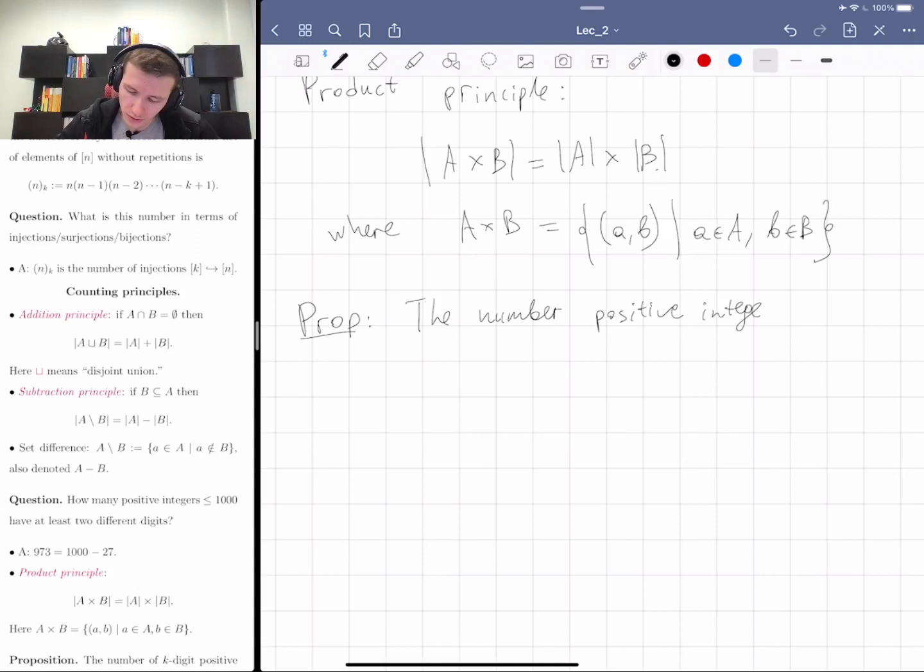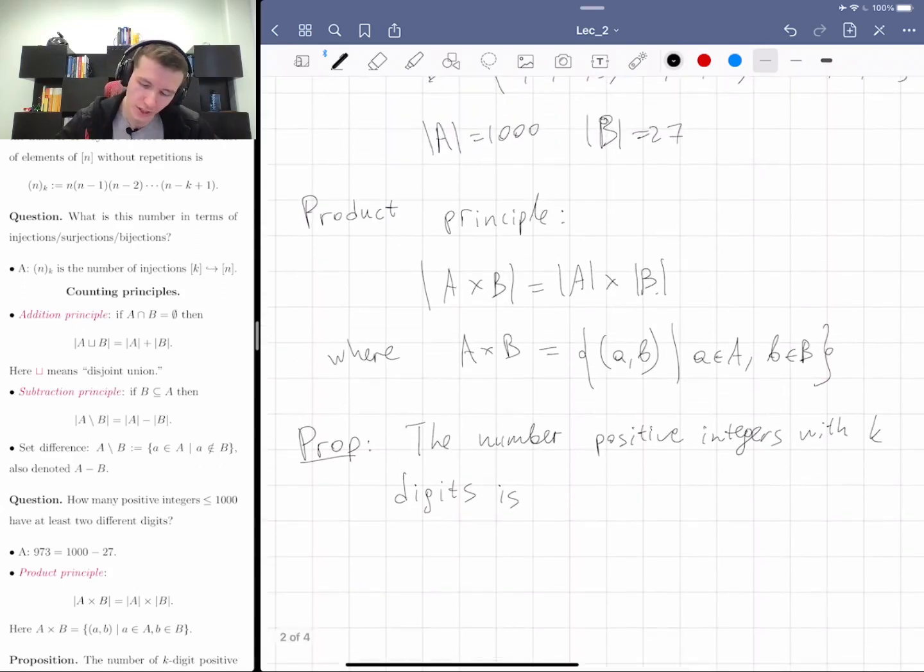Okay, question: are A and B disjoint for the product principle? No. So A and B, any two sets, not necessarily disjoint.